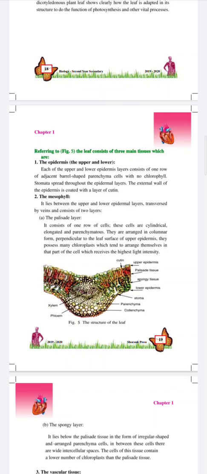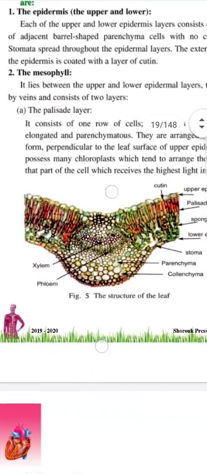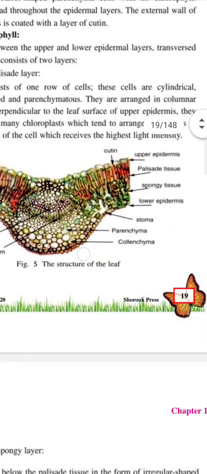As we can see here in our figure, the plant leaf is composed of three main tissues: upper and lower epidermis, mesophyll tissue, and vascular tissue.